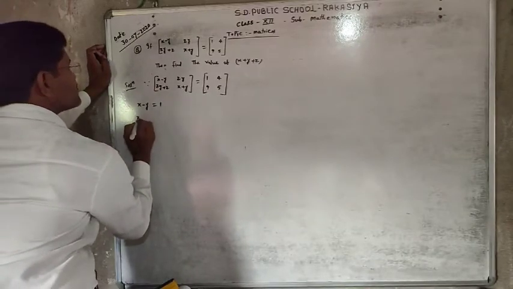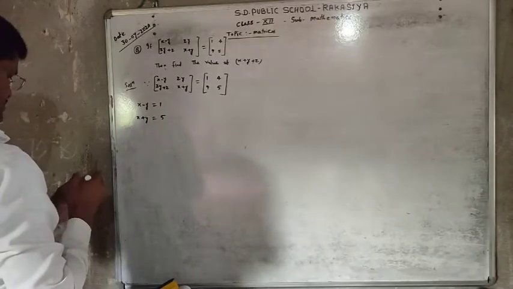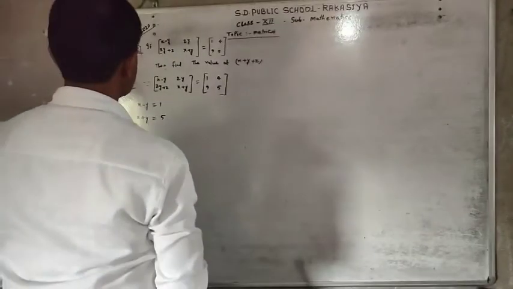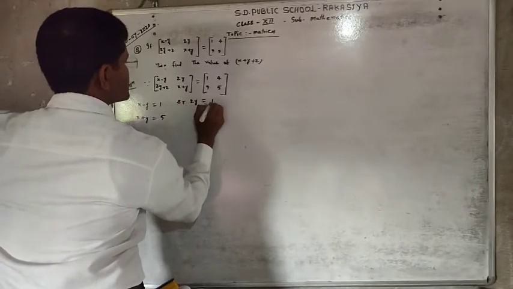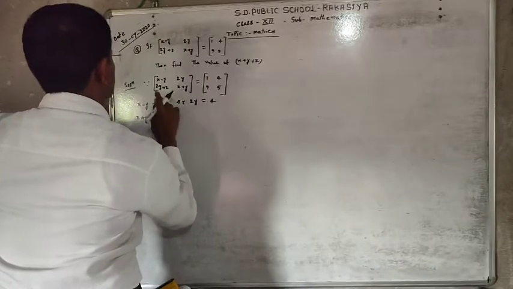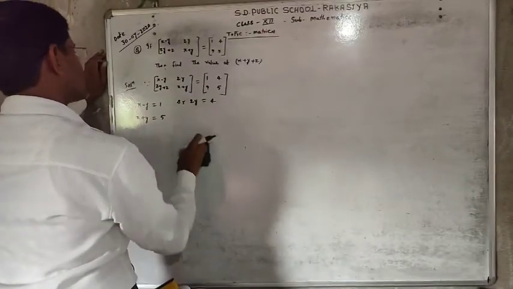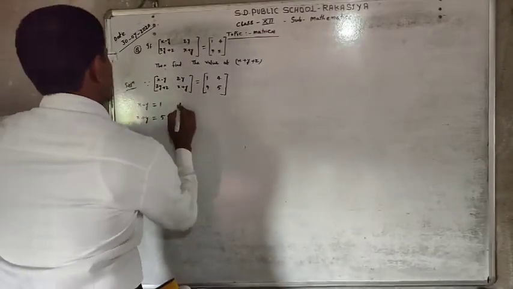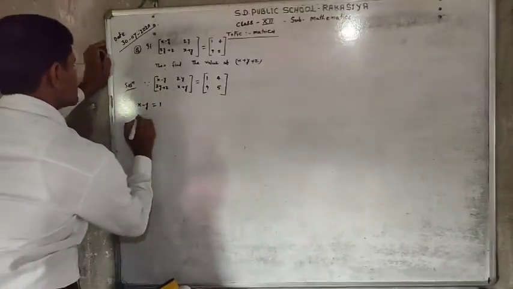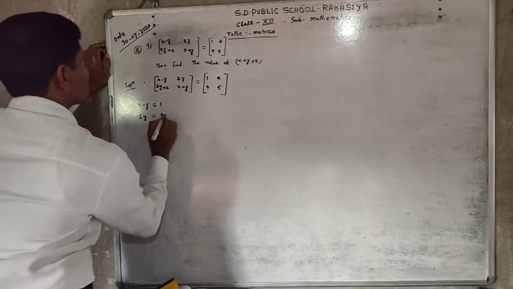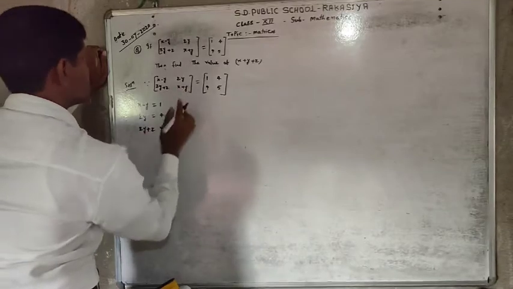Similarly, x plus y is equal to 5. 2y is equal to 4, and 2y plus z is equal to 9.